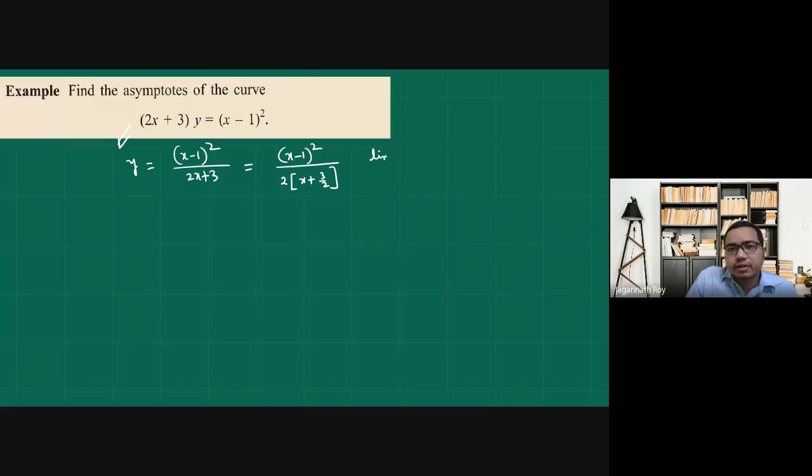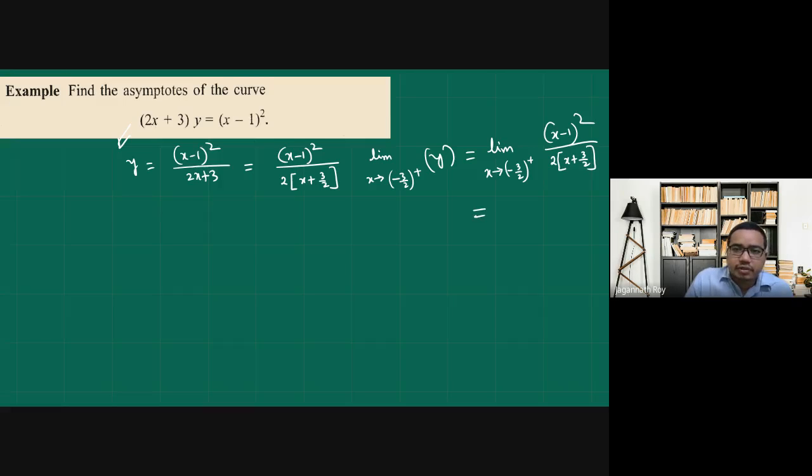Now if we take the limit as x goes to minus 3 by 2, right hand side limit, of y, then this will become plus infinity.